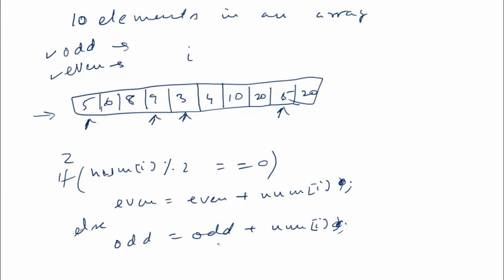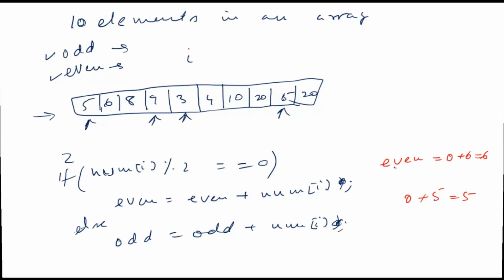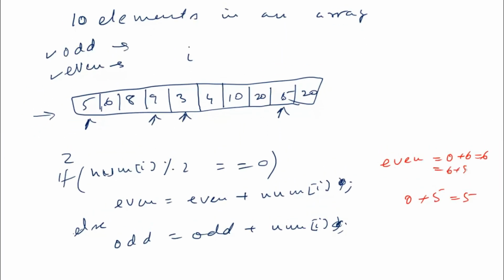Odd is 0 here, so 0 plus the number, it is added, 5 here. Now the next number is 6, which is divisible by 2, so it will be added to the even number, 0 plus 6, it becomes 6. Then 8 is also an even number, so 6 plus 8 is 14.